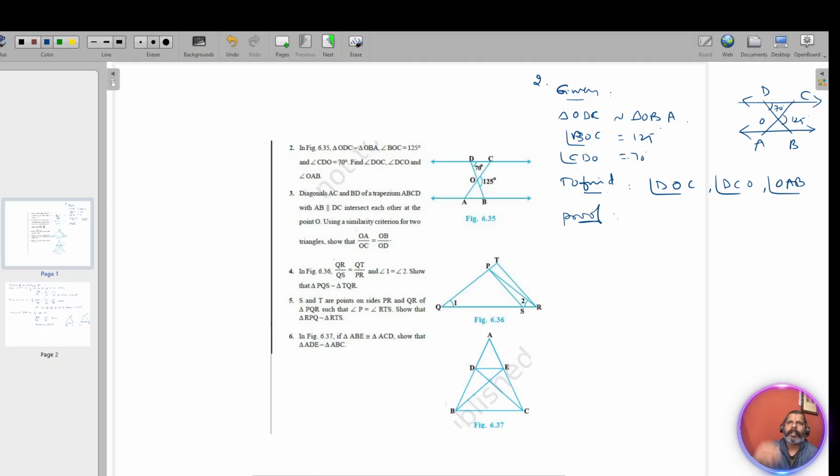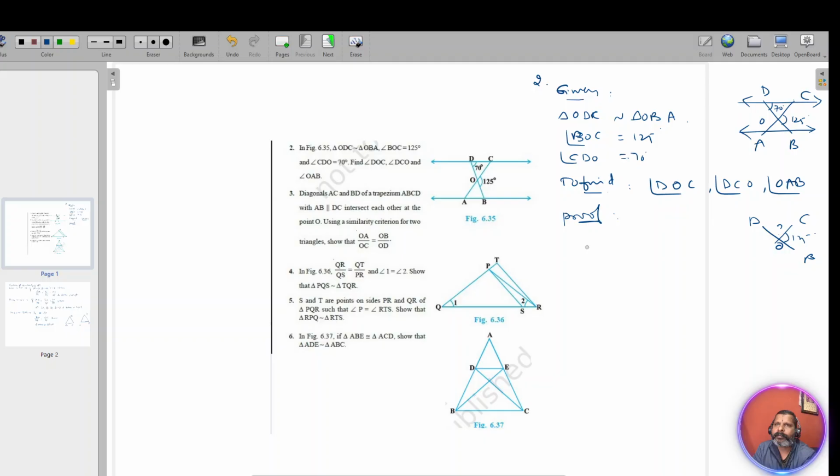If you observe the figure, COB is 125, and they asked DOC. So I'll extract the things. BOC is given as 125. DOC is how much? Since it's a linear pair, we can calculate that.